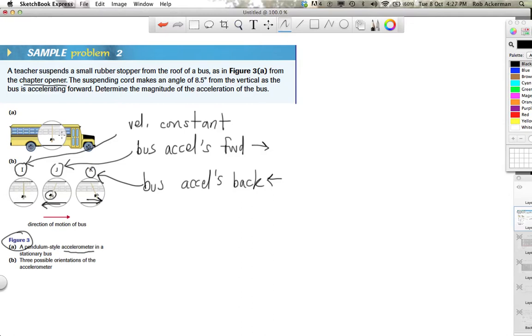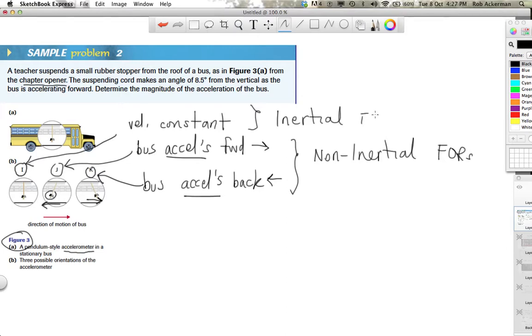They should do so in a bus, but they don't always, right? Like in J and in K. When don't they? When we're accelerating. So the force situation, the Newton's first law situation, is different when you're accelerating. I guess these are non-inertial frames of reference. And I guess that means this is an inertial frame of reference, constant velocity.